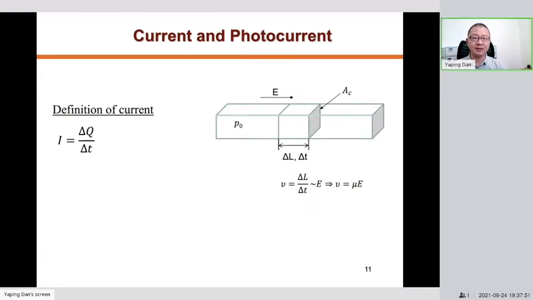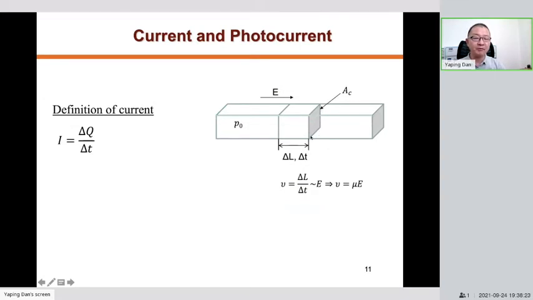Second, let's review what the current and the photocurrent are. Let me first give you the definition of current. Given a time delta t, it is the number of charges passing through a surface area, for example the gray area here.